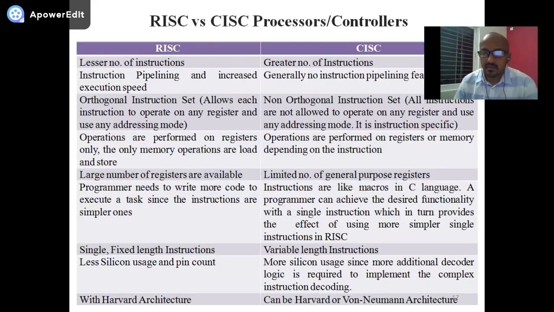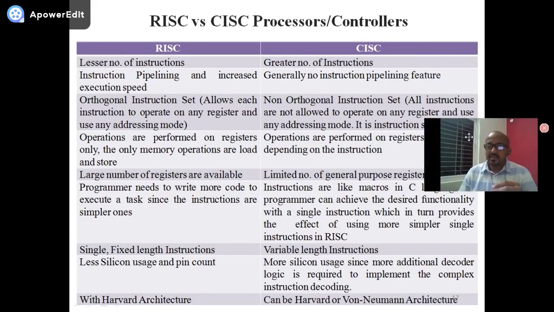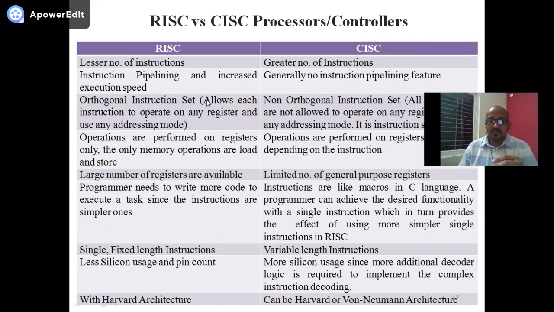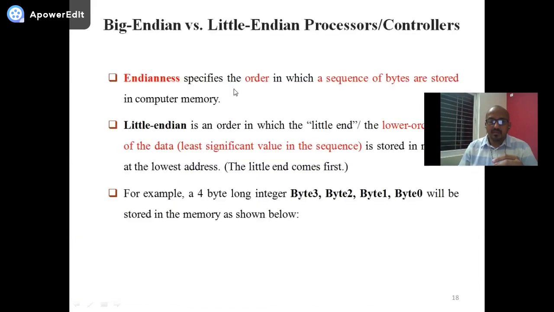So the next type of architectures of processors or controllers are RISC and CISC. RISC architecture and CISC architecture. First we will see the block diagram.